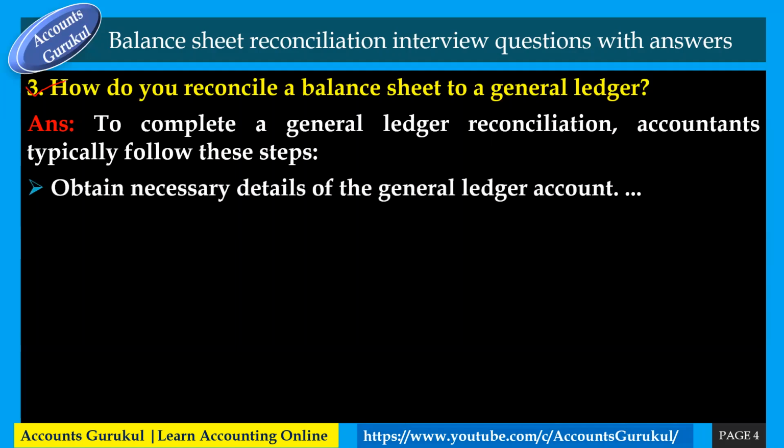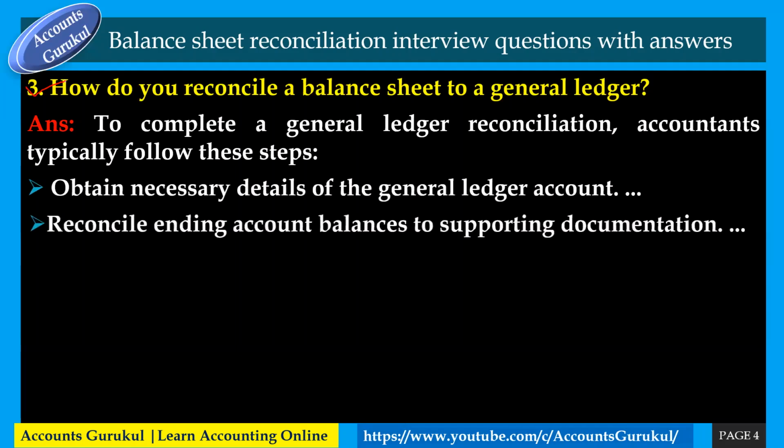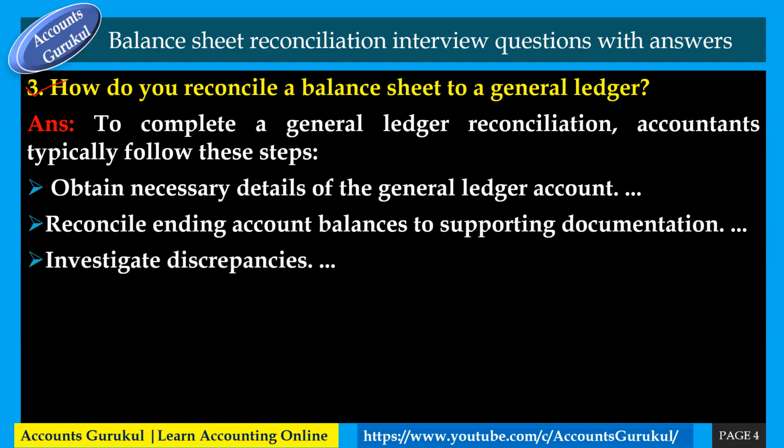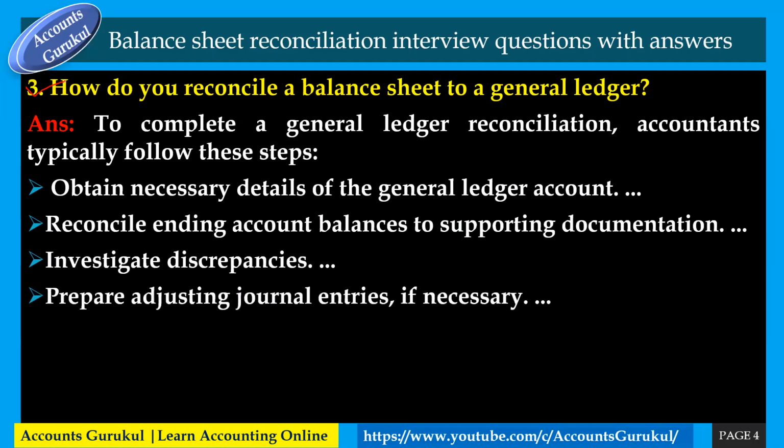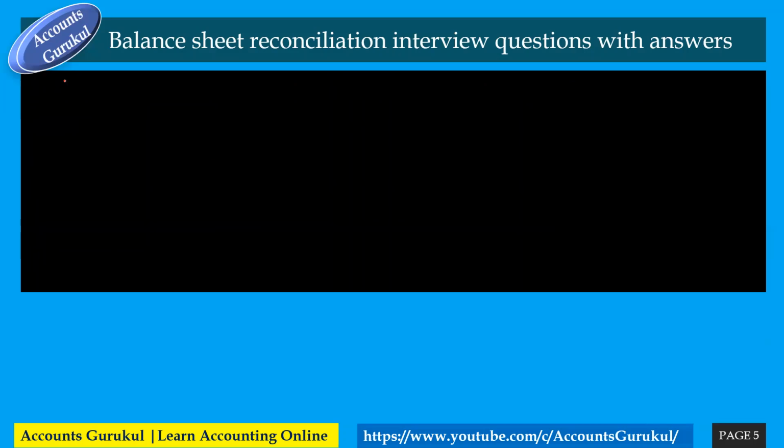First, obtain necessary details of the general ledger account, reconcile the ending account balance to supporting documentation, investigate any discrepancies, prepare adjusting journal entries if necessary, and ensure accuracy and prevention so that such open items do not occur in the future. So follow the steps we have mentioned here to give the answer for this question.